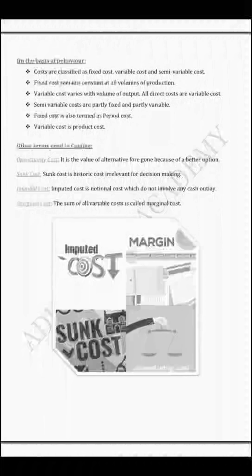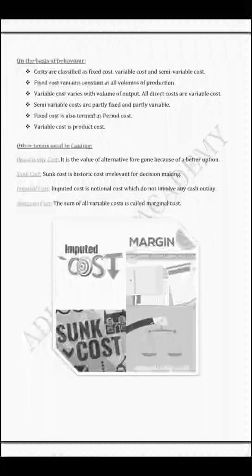Then imputed cost. Imputed cost is notional cost which does not involve any cash outlay. Just now I told about opportunity cost. Opportunity cost also can be an example of imputed cost. Another example of imputed cost could be depreciation. Do you spend for depreciation?